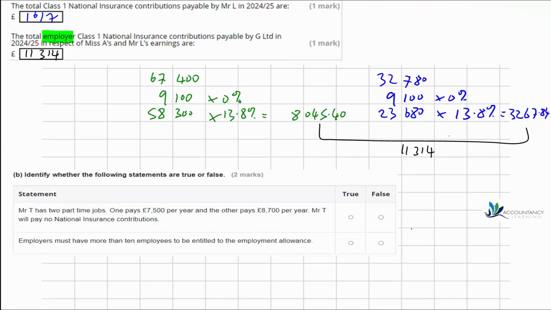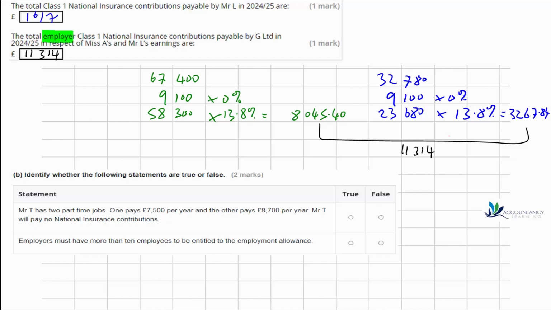Then in part B of the question, we've got some true-false statements to deal with. Mr T has two part-time jobs. One pays 7,500 per year and the other pays 8,700 per year. Mr T will pay no national insurance contributions. So remember what our thresholds are: it's the 12,570.